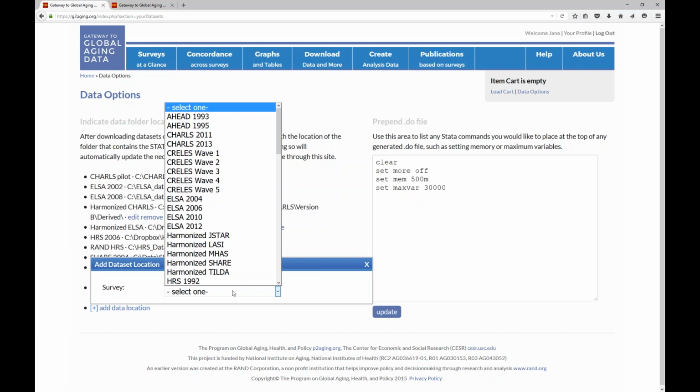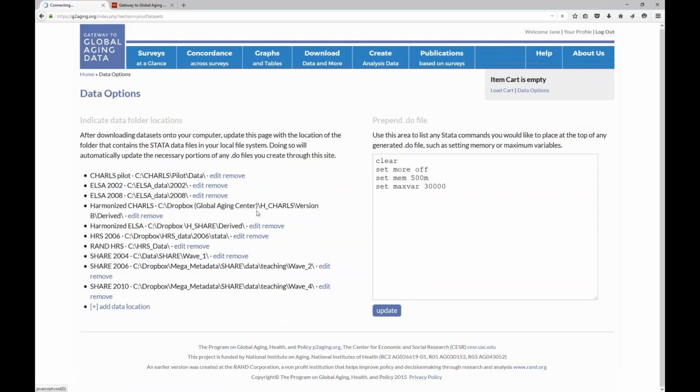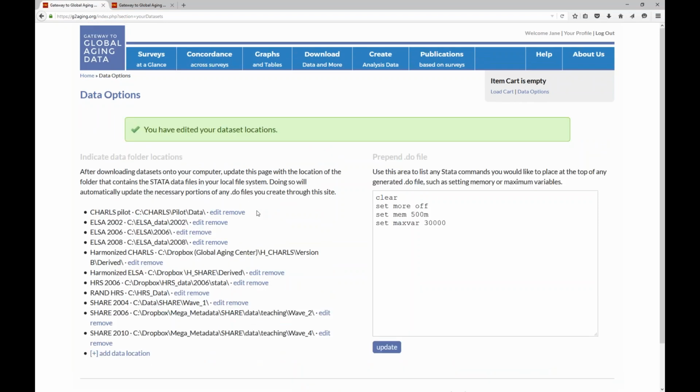So if I get a new set of data, let's say I get ELSA 2006 data, then I can say, hey, I have this data downloaded. I've stored it in a folder called ELSA 2006. Once I've added that location, then anytime that this data program is generated for me by the Gateway, it knows exactly where that data is on my computer, which removes one step that has to be taken care of.